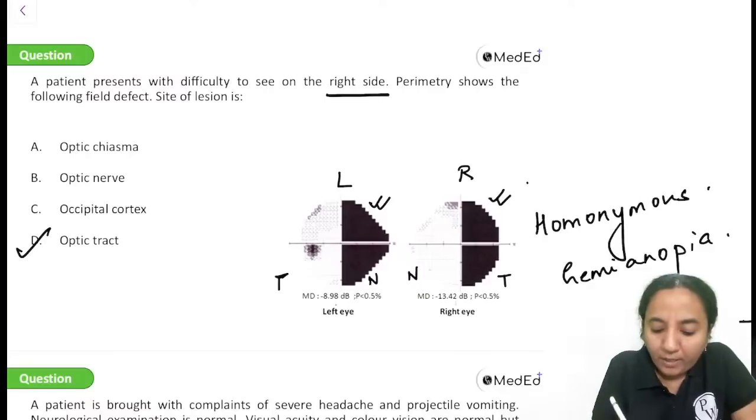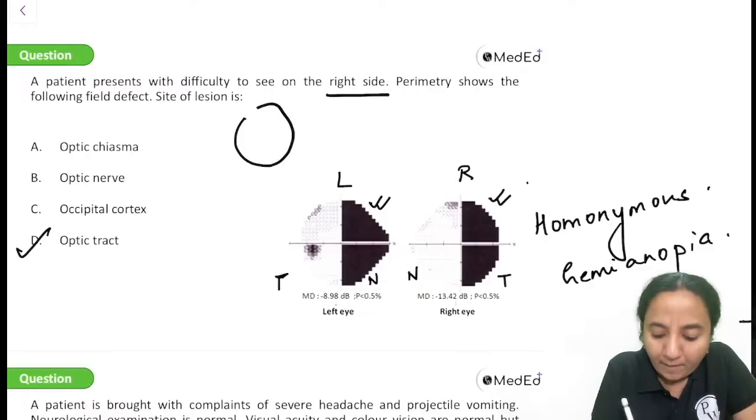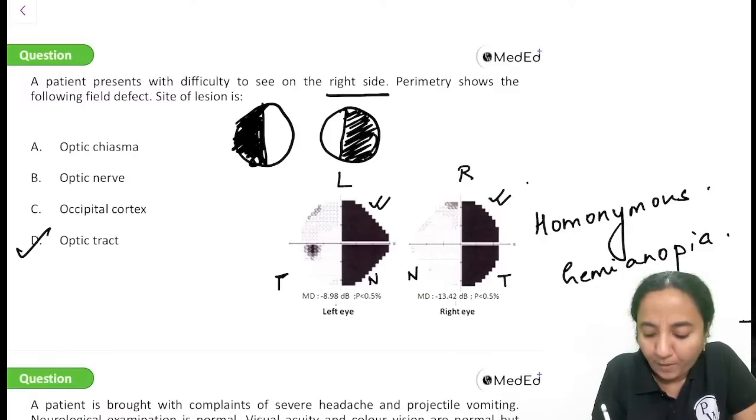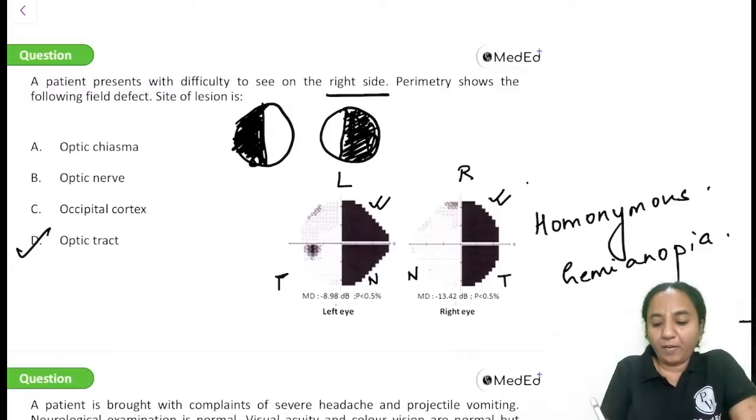Now please do not confuse this with bitemporal hemianopia. Bitemporal hemianopia is like this. If the temporal field of both eyes is affected, this is called bitemporal hemianopia.